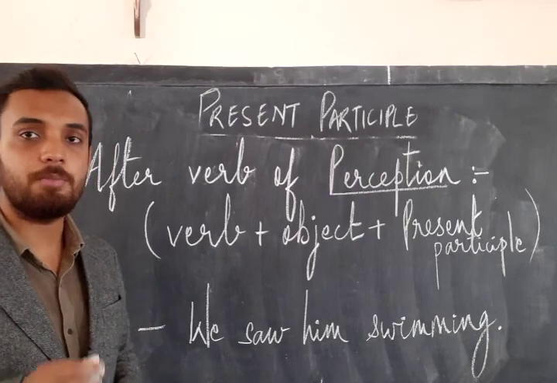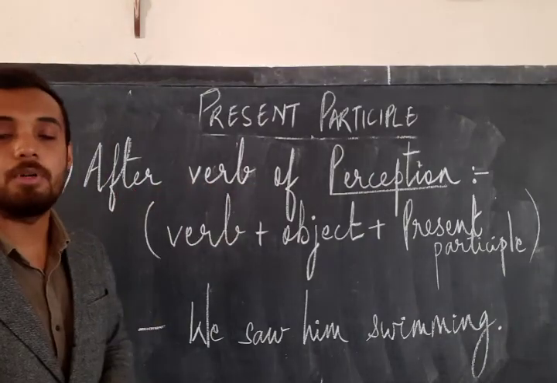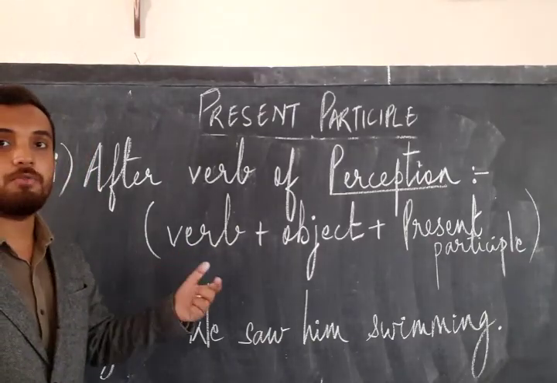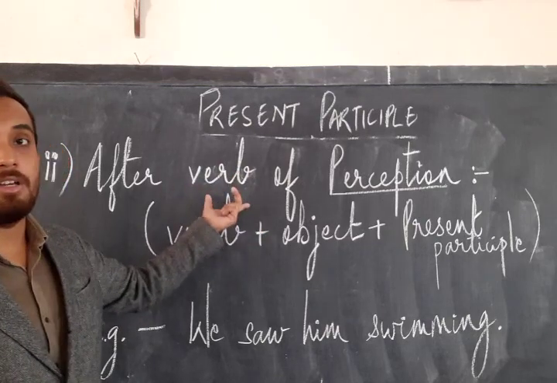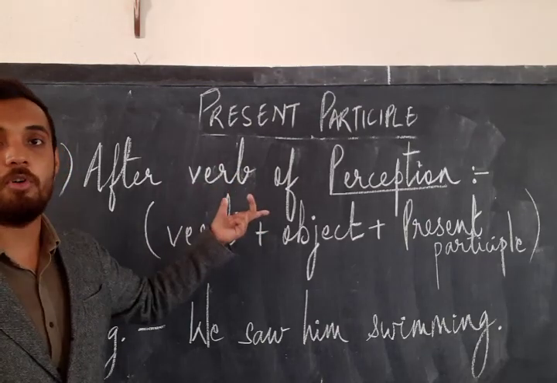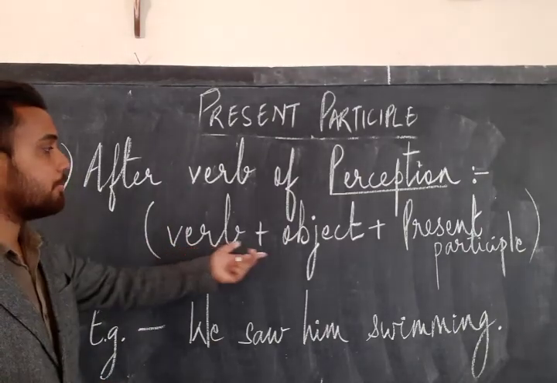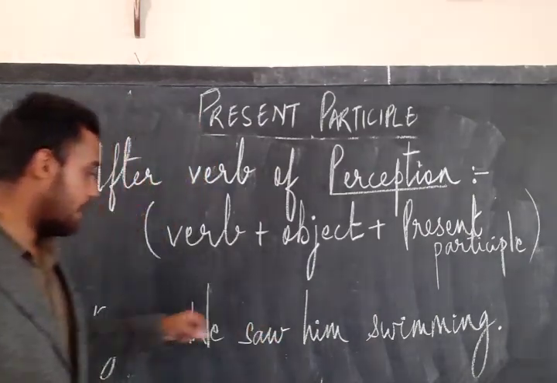And we use the present participle after the verb of perception. Over here I have written a structure: verb plus object plus the present participle.